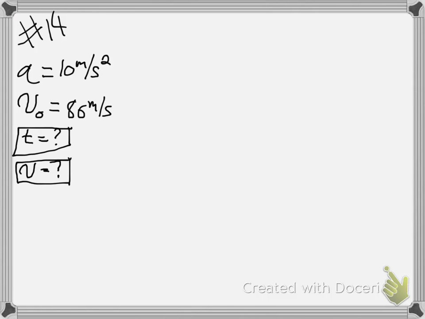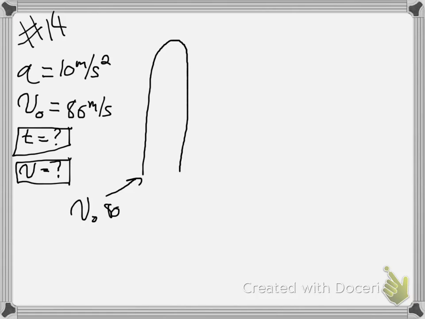So, let's think about this situation. We throw a ball up, and it comes back down. When it leaves our hand, it's going 80 meters per second. We need to find the time it takes to reach zero speed. Where is that?